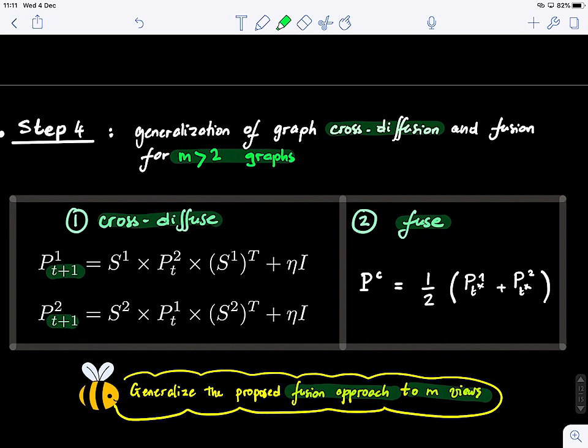Here it's a cross-diffusion between two data sets, right? Or two matrices, P1 and P2. Now, if I have more, how can we possibly do that? It's based on your idea.